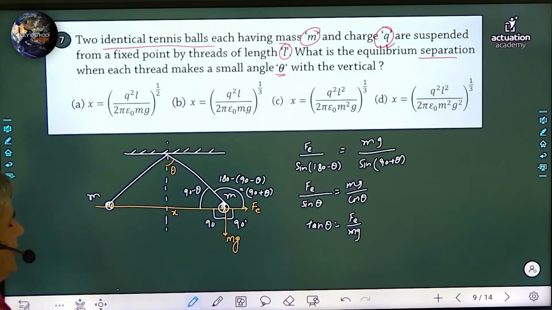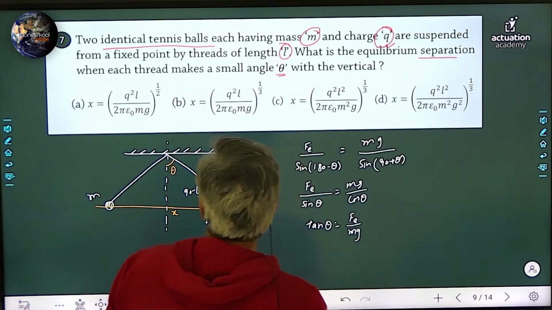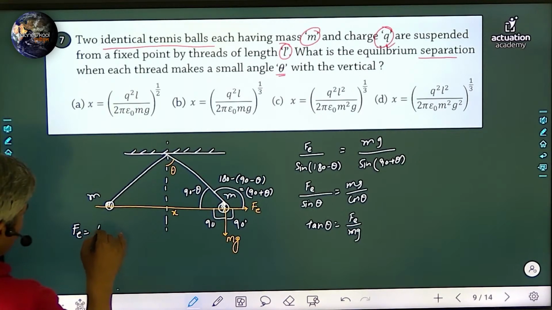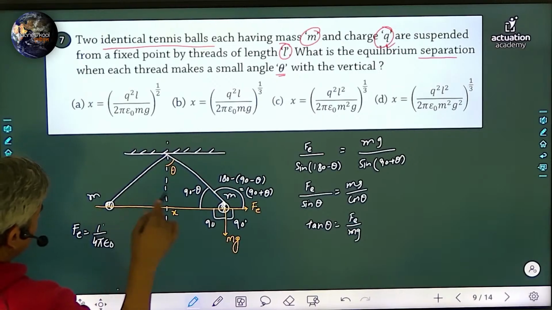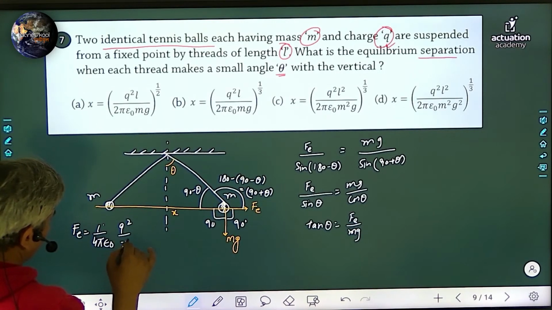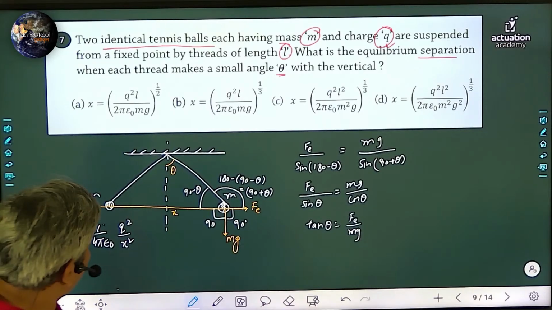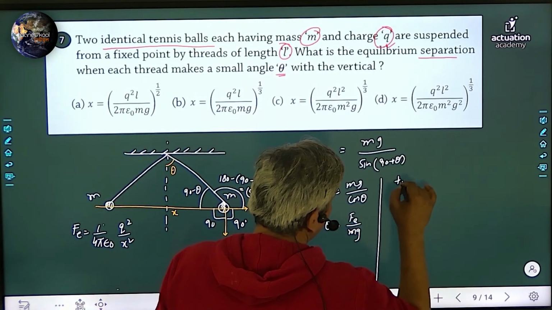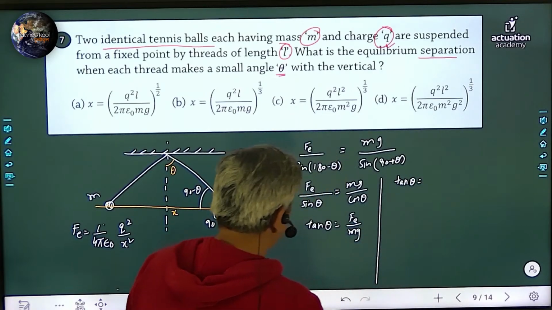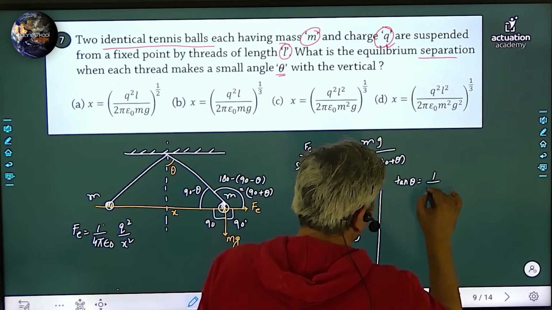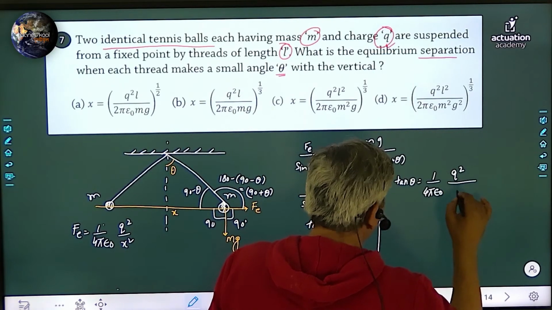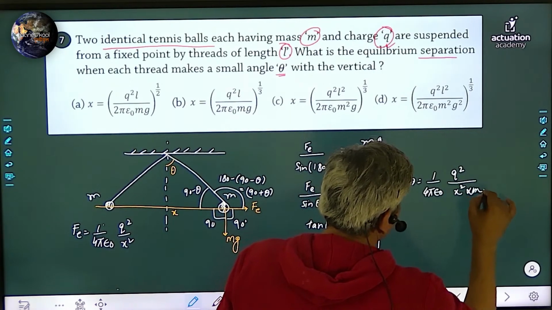Now Fe here is the repulsive force, which is K, which is 1 by 4 pi epsilon naught, q square divided by x square, and mg is this. So tan theta is equal to 1 by 4 pi epsilon naught q square over x square into mg.